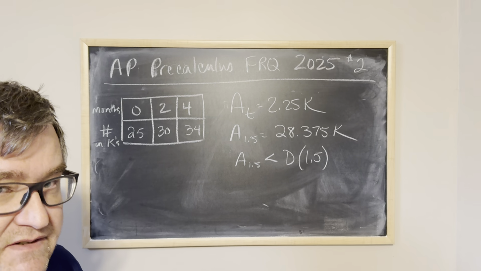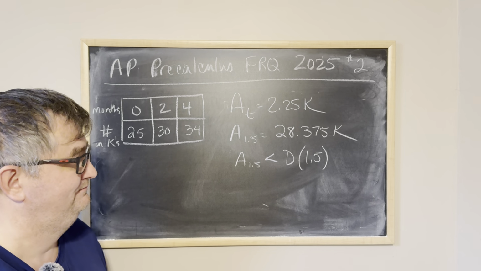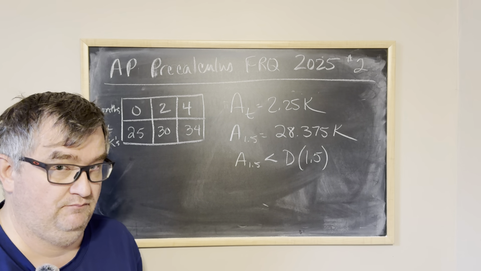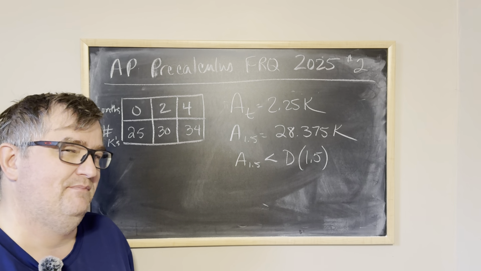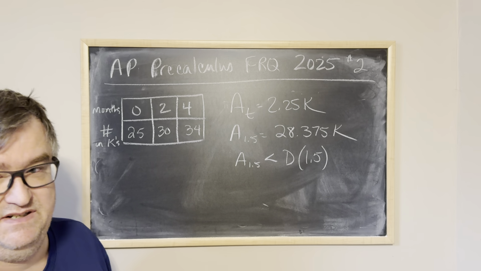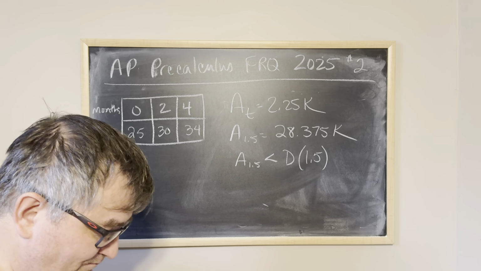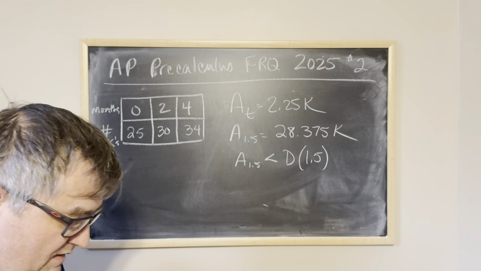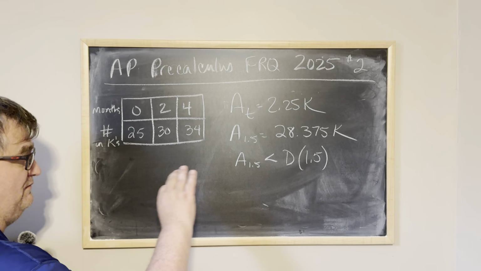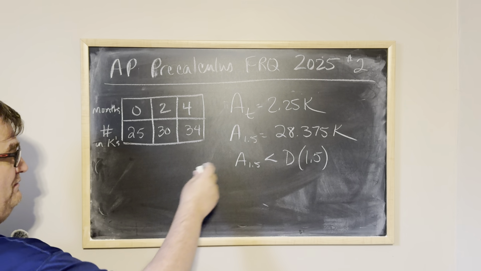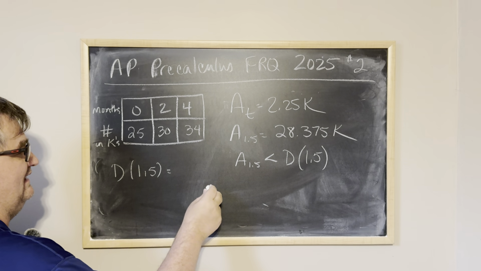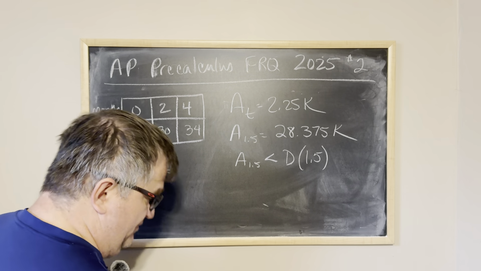Okay, so when you see this, the first thing you should think is secant line. Okay? Secant line is a trig concept. It's just showing up in a different way because it's pointing you to how calculus is done with derivatives. And so the first thing I would say to prove this is we know what A 1.5 is. So we say, what is D 1.5, and now we go back to the previous question.